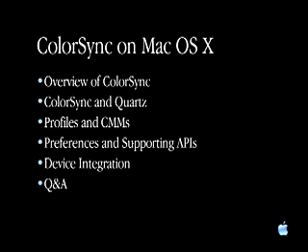This will be familiar to developers who are used to developing with the ColorSync APIs on Mac OS 9 and earlier. And then one thing we think is very important is, since all applications can share in the color-managed workflow that exists within any Mac OS X system, we feel it's important for developers to take advantage of the preference APIs that are available in Mac OS X to figure out what the user wants in terms of color.